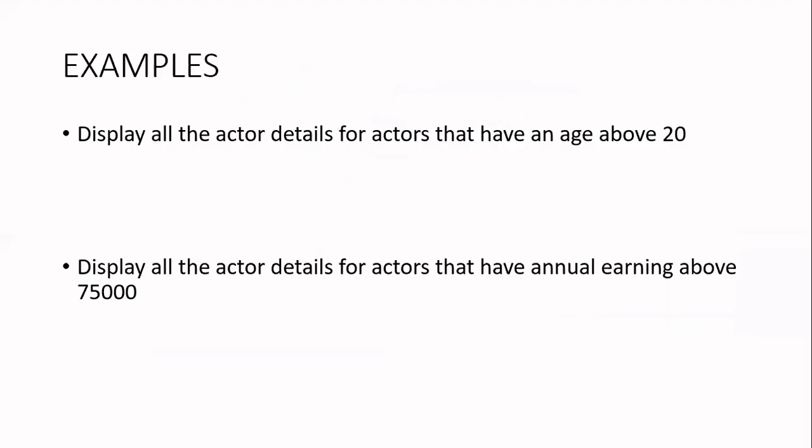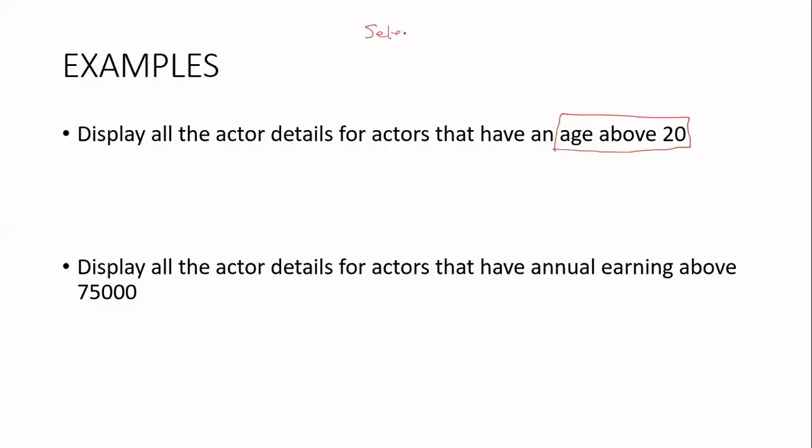So in the first example, I would like to display all the actor details, for actors that have an age above 20. So if we simply said display all the actor details, that would be very easy.